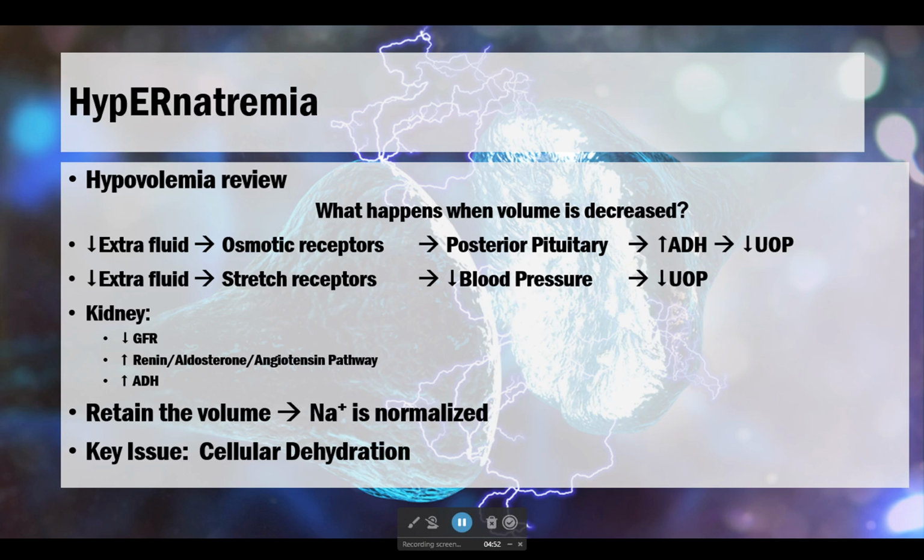So what happens in the kidney with hypernatremia and decreased volume is a decrease in the glomerular filtration rate. This is the essence of kidney function, the GFR, the glomerular filtration rate. So if there's less blood flowing through the kidneys, then we're going to have a lower glomerular filtration rate.